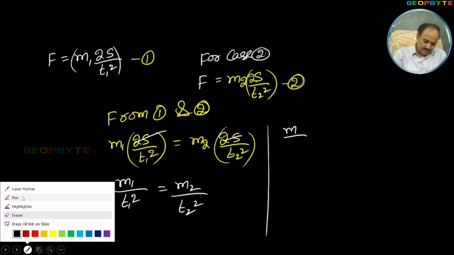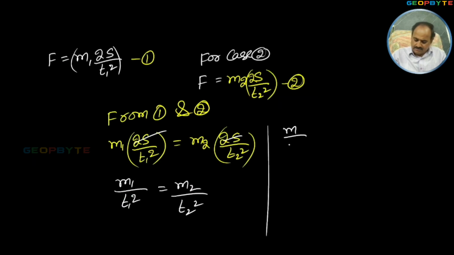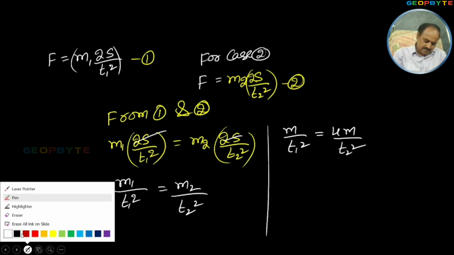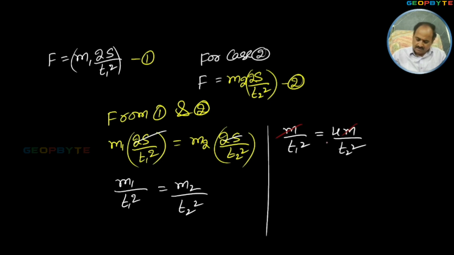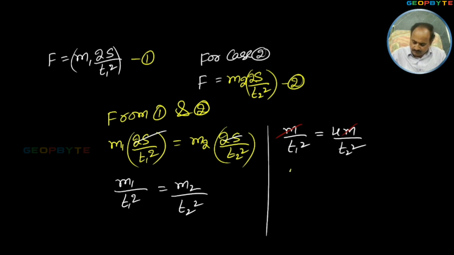What is the t1 square? Look at the t1. t1 is 16. Otherwise, t1 square. m2 equal to 4 times the m by t2 square. This m is cancelled. Then t2 square equal to 4 times the t1 square. t2 square equal to 2 into t1 whole square.